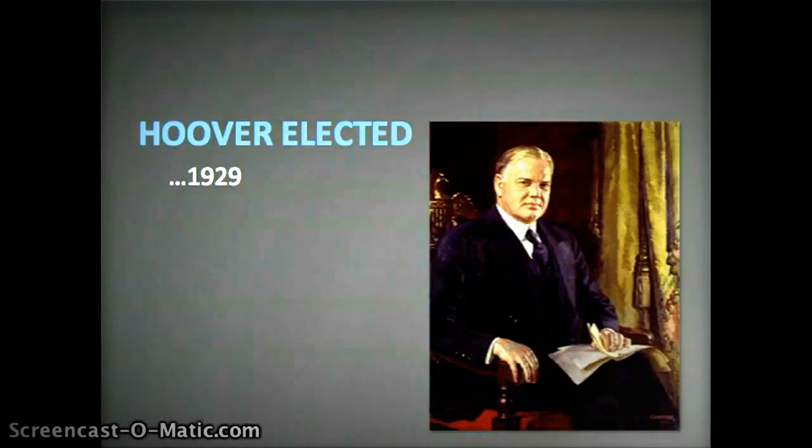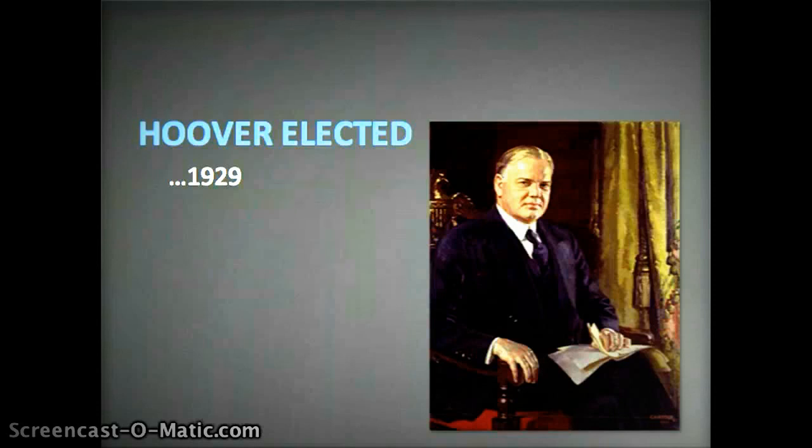And at the end of the 1920s, in the 1928 election, President Hoover is elected. He's elected in 1928 and becomes president in 1929. At the time when he was elected, President Hoover was one of the most recognizable and respected individuals in politics in the United States.